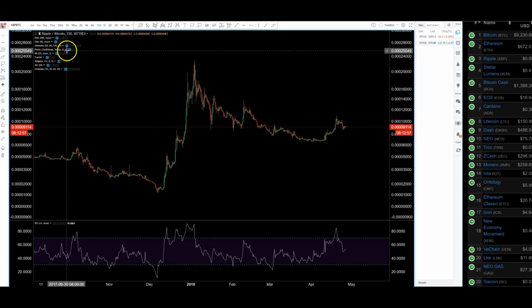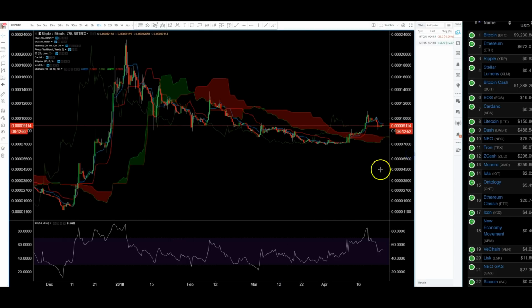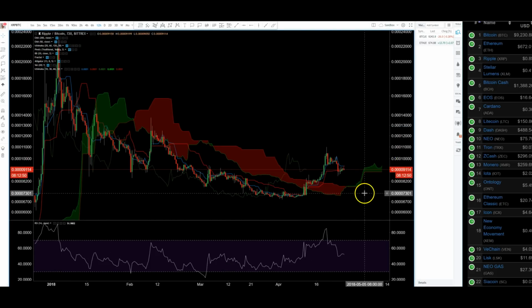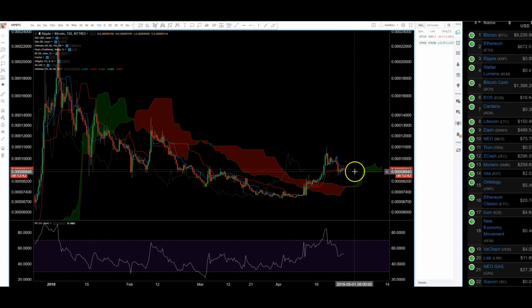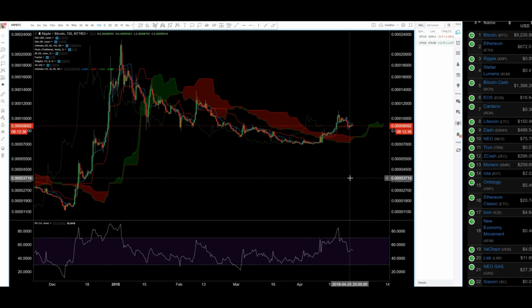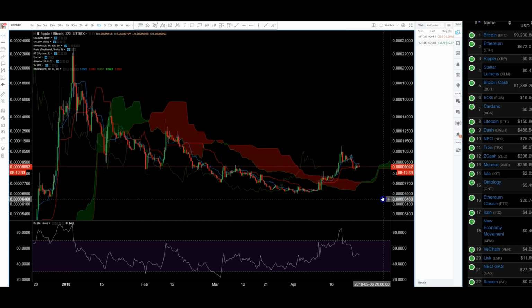If we go to the 12-hour, look at the cloud here, you can see this 12-hour cloud actually looks better than everything we've seen so far as far as bullish concerns. But the TK is crossing bearish, so the perfect entry here would be a bullish TK recross. That's as clean as you're going to see it. And that's the most bullish signal you're going to see on the cloud system.